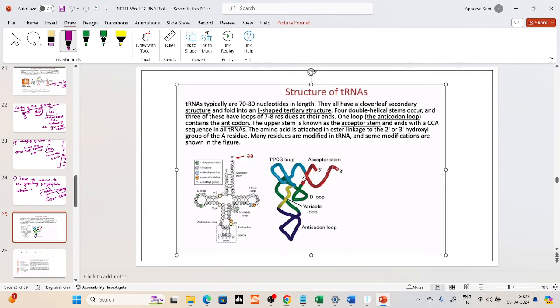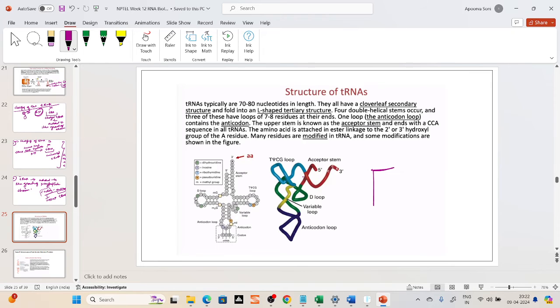This is your L-shaped structure. Like this. And this is your clover leaf structure. So you just need to understand that this is your secondary structure. This is your tertiary structure. And for your understanding perspective, secondary structure is important.